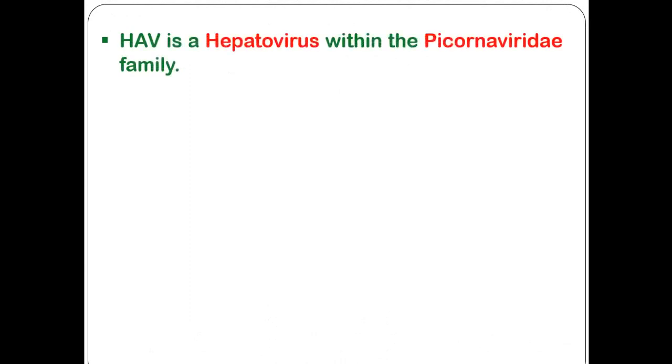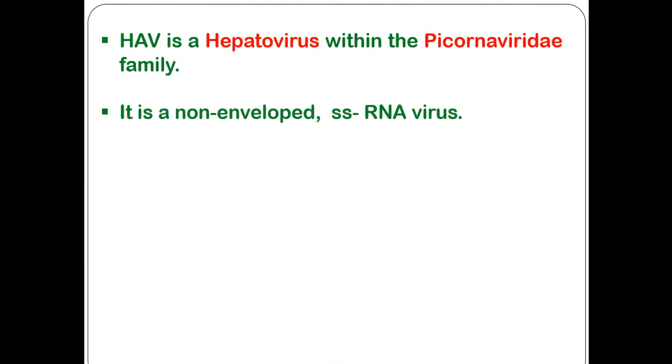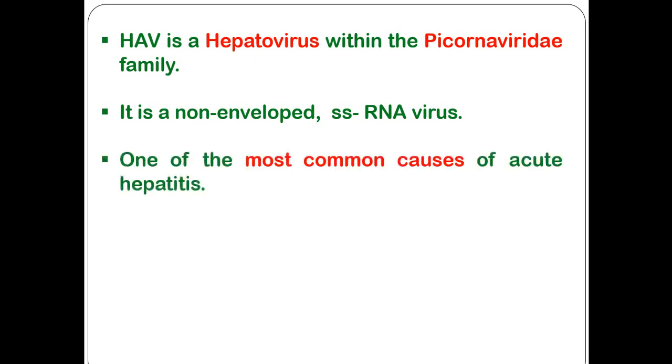Firstly, we have to know the ID of the hepatitis A virus. It is a hepatovirus within the Picornaviridae family. It is a non-enveloped, single-stranded RNA virus, and it is one of the most common causes of acute hepatitis; about 2/3 of acute viral hepatitis, or acute hepatitis in general, is due to hepatitis A virus.